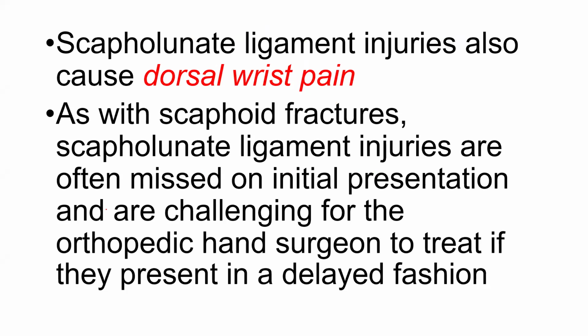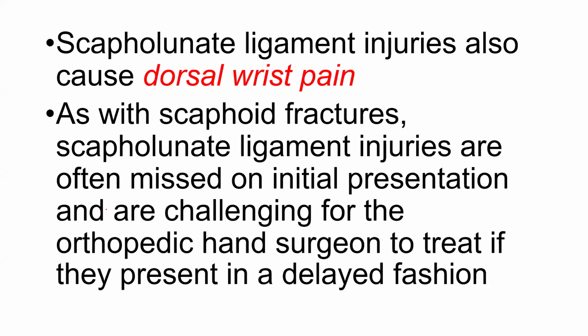So now you have a broad differential diagnosis of wrist pain. As with scaphoid fractures, scapholunate ligament injuries are often missed on initial presentation. So you should be alert to look for it.